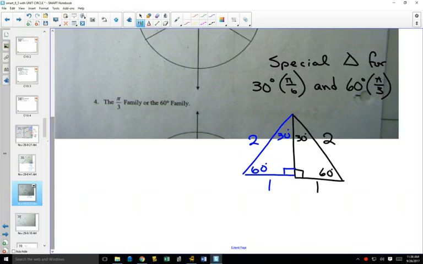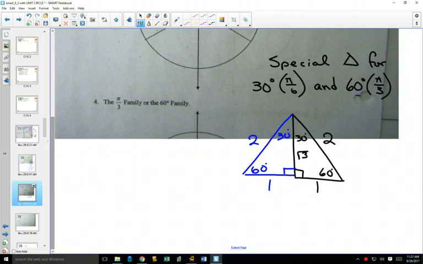And now you have two sides of that black triangle. You can do a squared plus b squared equals c squared. And we get square root of 3 as the other side. We now have everything labeled in this triangle.